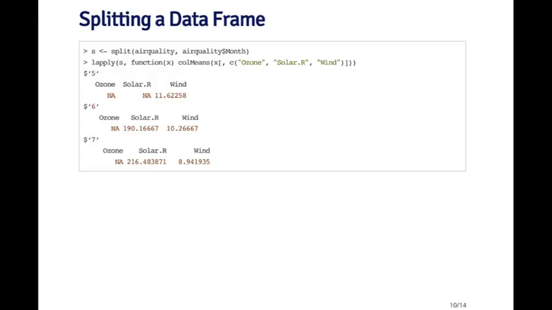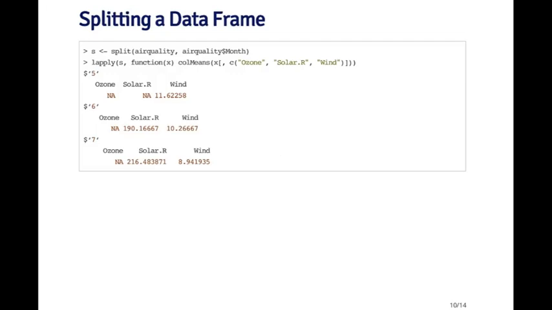So that's what I've done here. I've split the airquality data frame, and the factor I'm going to use to split is the Month variable. The Month variable, technically speaking, in the data frame is not a factor variable, but it can be converted into a factor variable because it only takes the values 5, 6, 7, 8, and 9, because the measurements are only taken in the warmer months of the year.